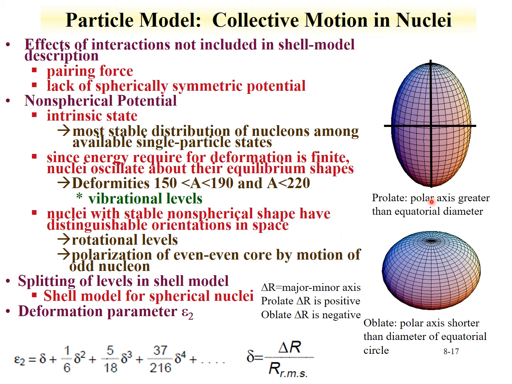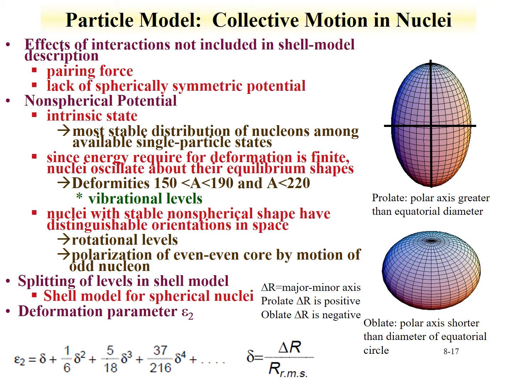For the prolate, the polar axis is greater than the equatorial diameter, and the oblate is opposite. Looking at the axes defined here, for the oblate, this X would be larger than the Z, whereas it's opposite for the prolate.